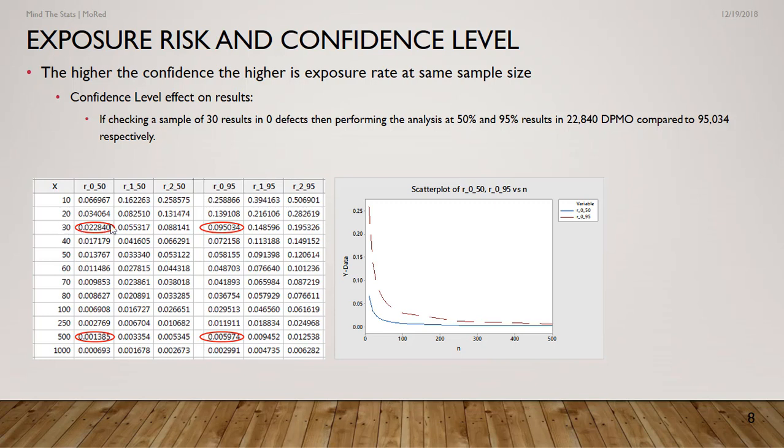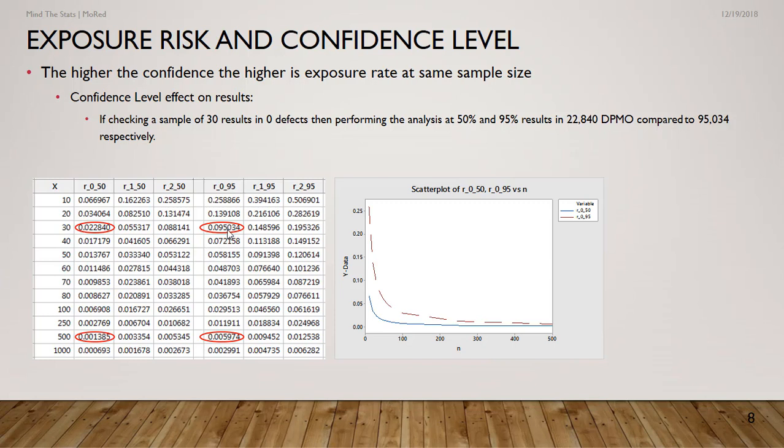So if you want to compare the effect of confidence level when you do this type of work, you set the same sample size, let's say a sample size of 30, and finding 0 defects. You have these 2 numbers to compare, and as you can see, if you want a higher confidence level, then your exposure risk is a lot higher.